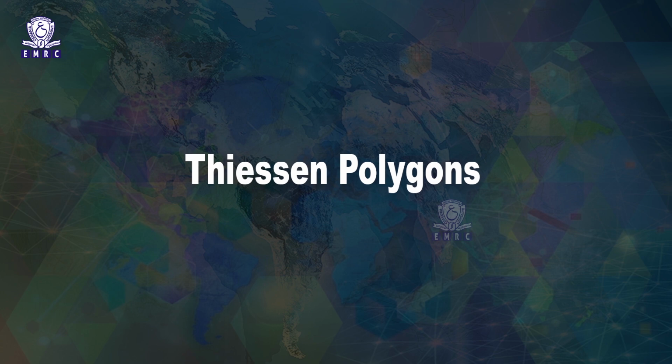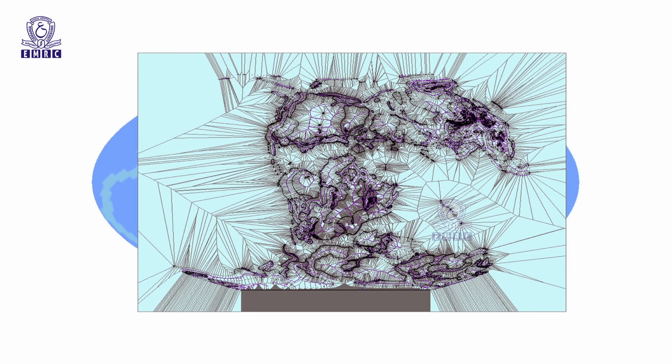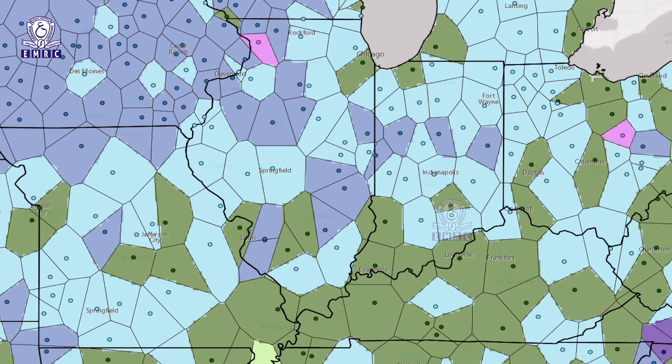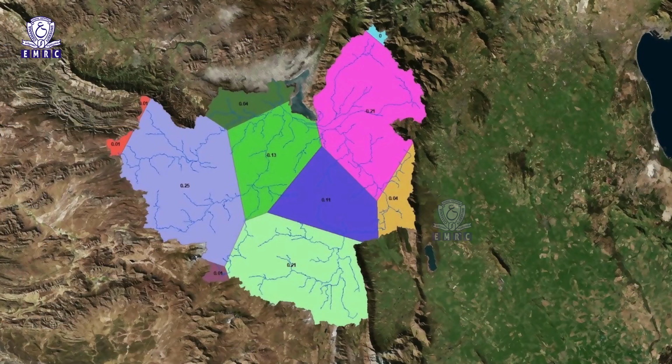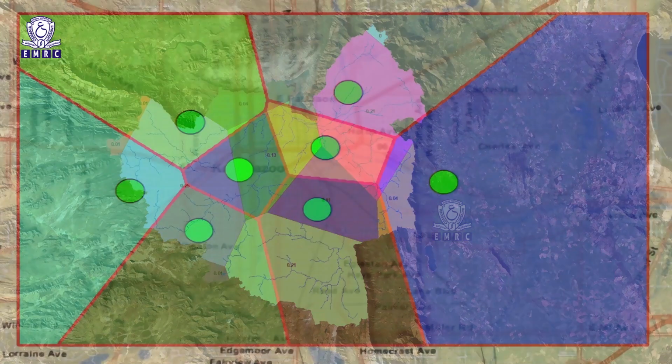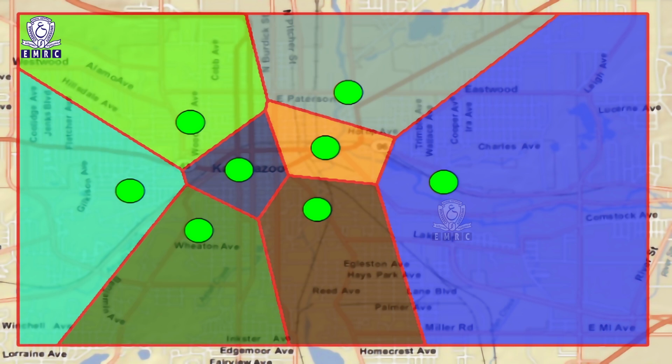Thiessen polygons. Thiessen polygons assume that any point within a polygon is closer to the polygon's known point than to any other points. Thiessen polygons were originally proposed to estimate the areal average of precipitation by making sure that any point within a polygon is closer to the polygon's weather station than to any other stations.